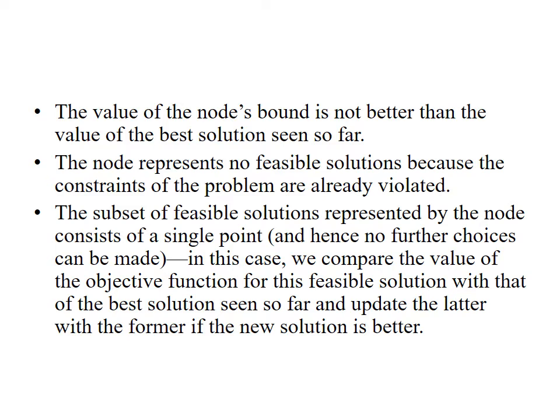And the third one is the subset of feasible solutions represented by the node consists of a single point, so we can't develop it further. In that case, we compare the value of the objective function for this feasible solution with that of the best solution seen so far and update the latter, that is, we update the best solution with this feasible solution if it is better.